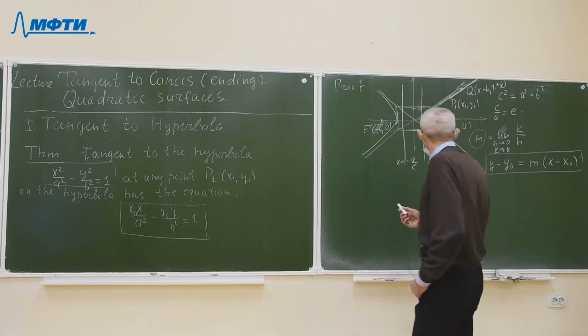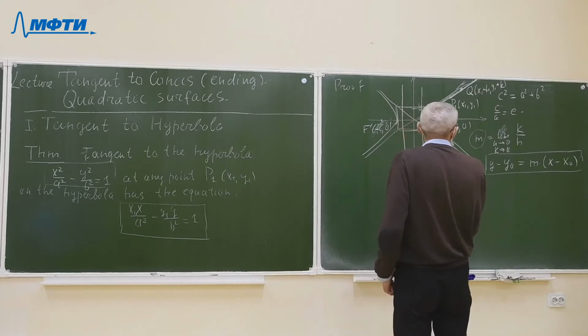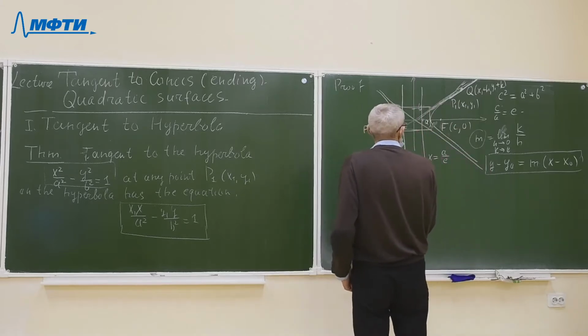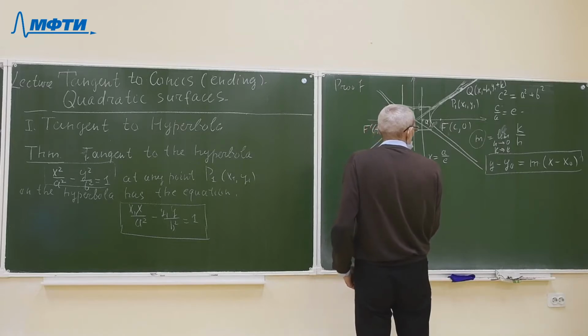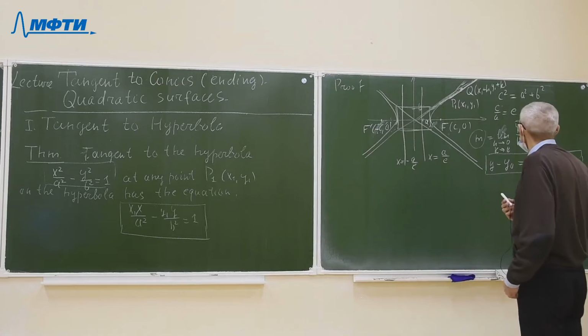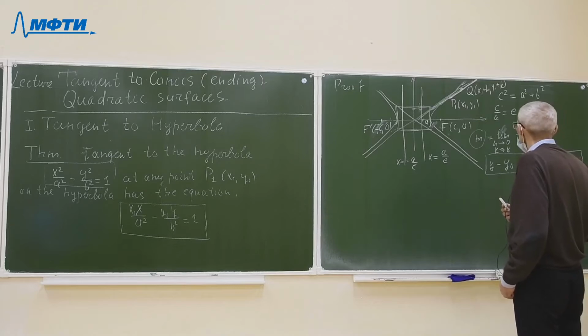First of all, it is easy to see that the slope is a ratio of the differences k and h.